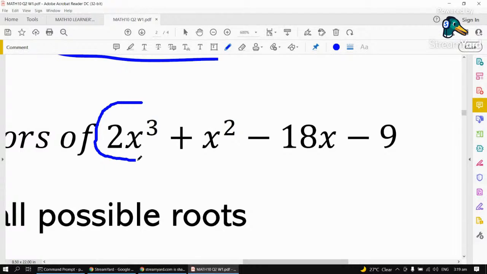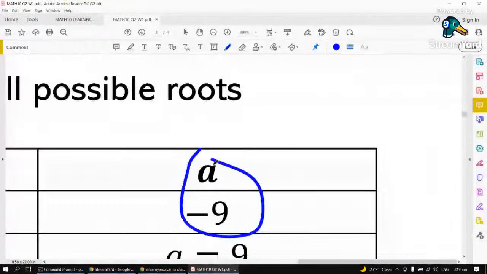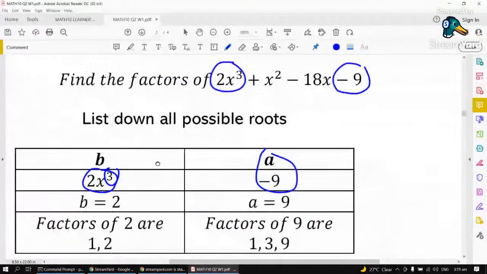So, ito ang ating magiging leading term. Ito naman ang ating constant term. Yan ang ating magiging A, ang constant term, negative 9.